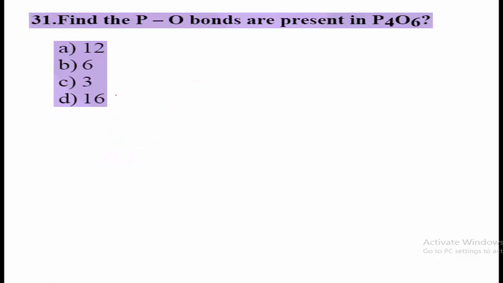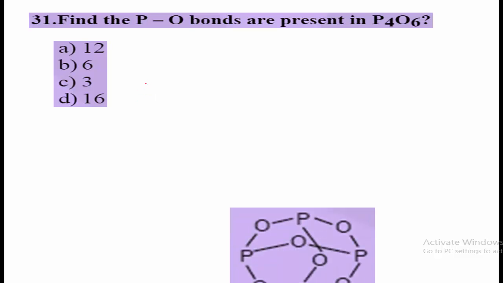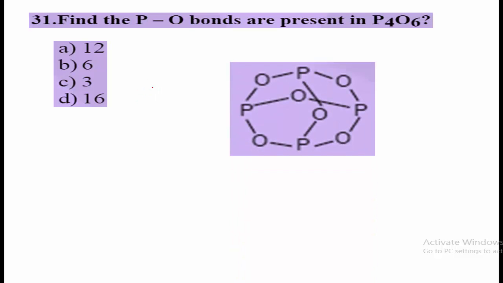31st, find the PO bonds which are present in P4O6. So here the structure of P4O6 is given like this. Now just calculate the number of bonds which are present here, PO bonds.